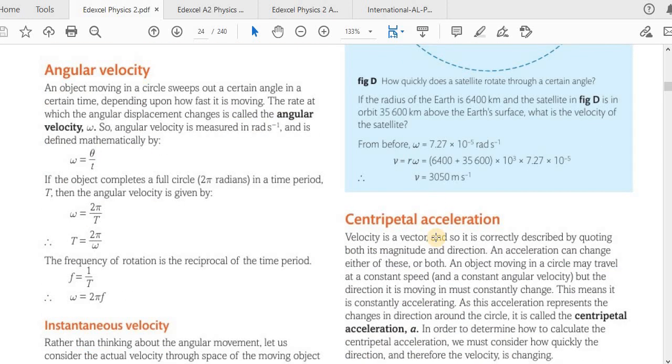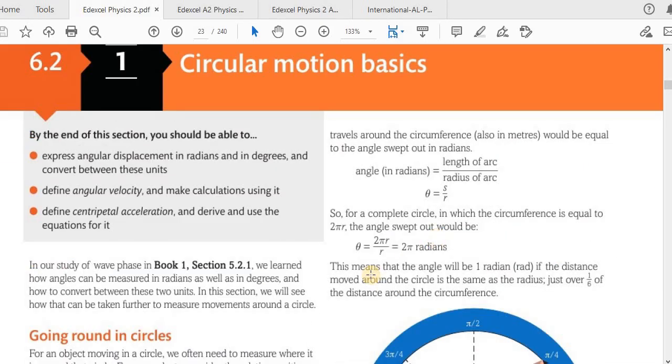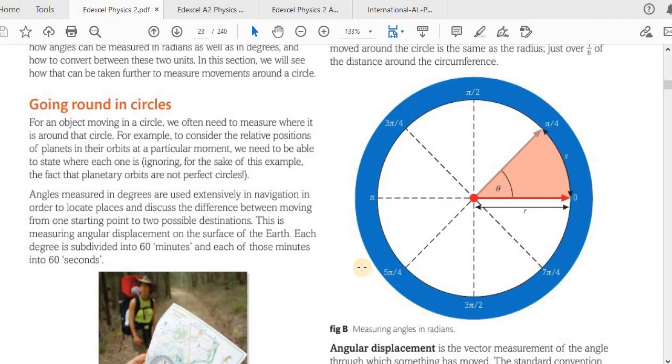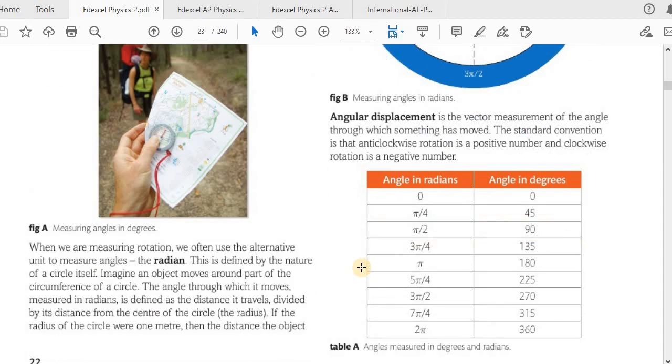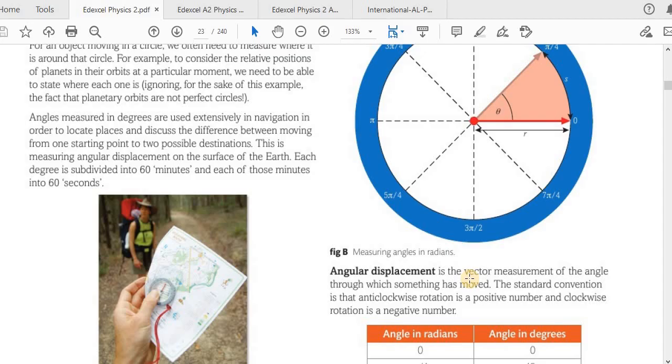Alright, then the next one is angular velocity. So now we know that angular displacement is theta, the angle in radians. How much of an angle it covers in radians is the angular displacement. Now you know displacement is a vector.